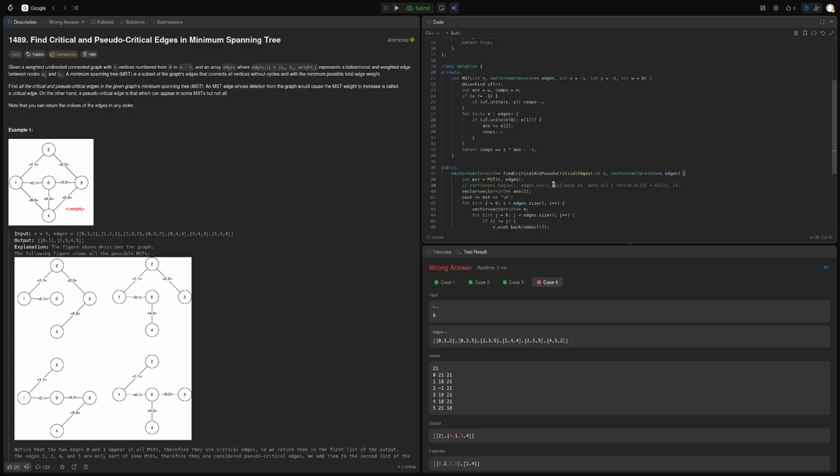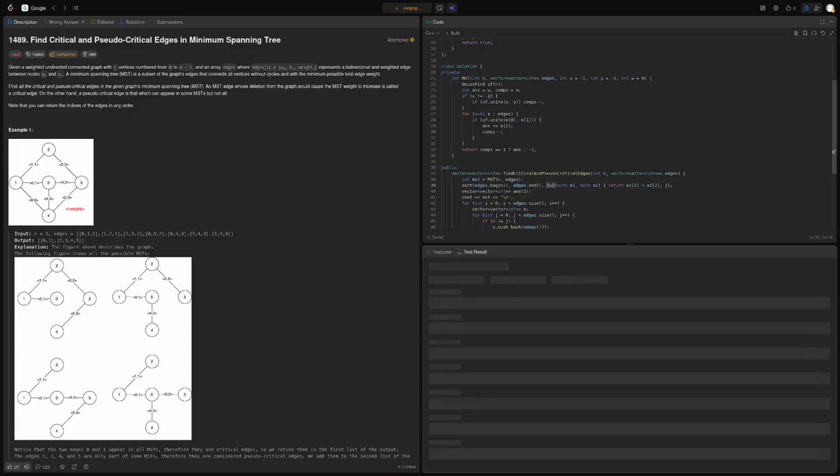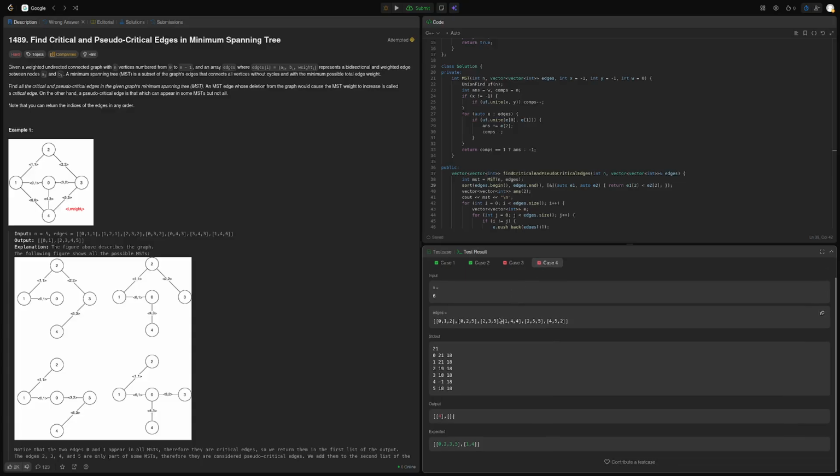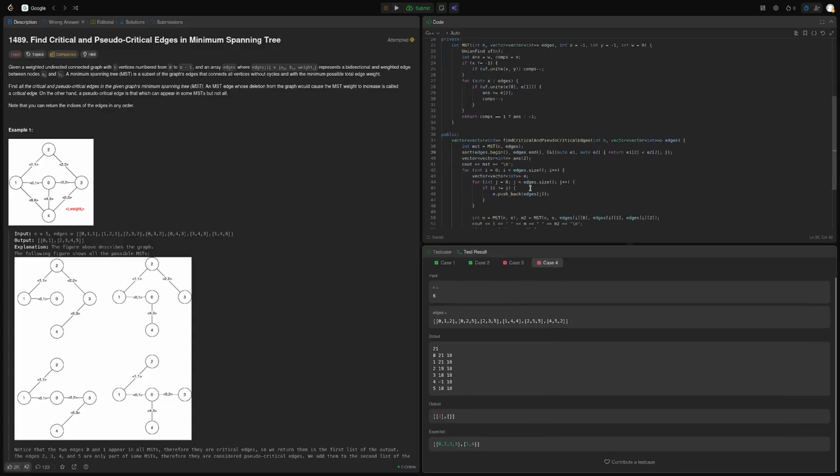Yeah, I have to sort them because MST counts on that. Ooh, okay, now we are cooked.